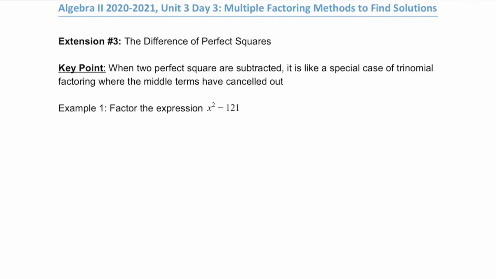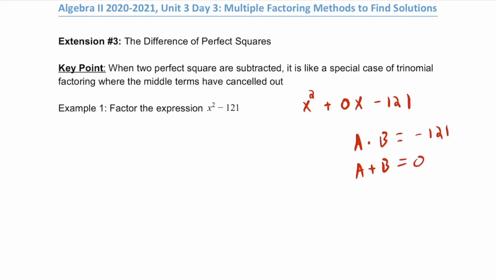The reason there's a missing middle term is that what's happening here is you wind up with x squared plus 0x minus 121.